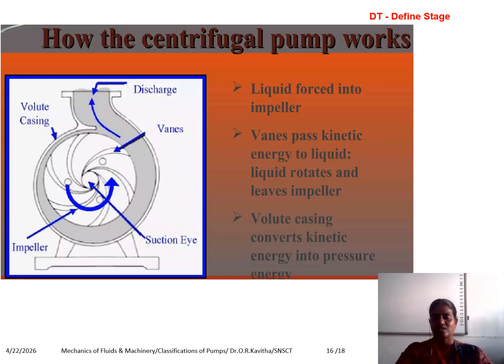Due to this rotation, the centrifugal force will be created. Therefore the lifting of water from the lower end to the upper end happens by means of the centrifugal force at the vanes. Inside the casing, the conversion of kinetic energy into pressure energy will be happening.